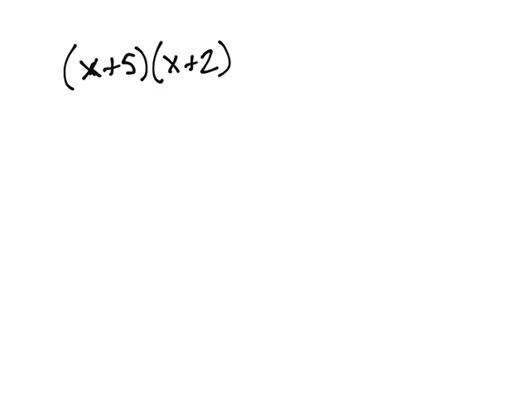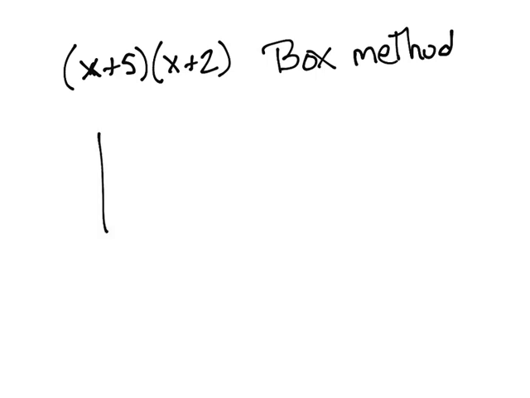We'll use the same example, x plus 5 times x plus 2. This is called the box method. While the previous distributive method mainly relied upon memorization of a pattern that you multiply, the box method is a visual representation of that same pattern. To do the box method, we're going to start by drawing a box.